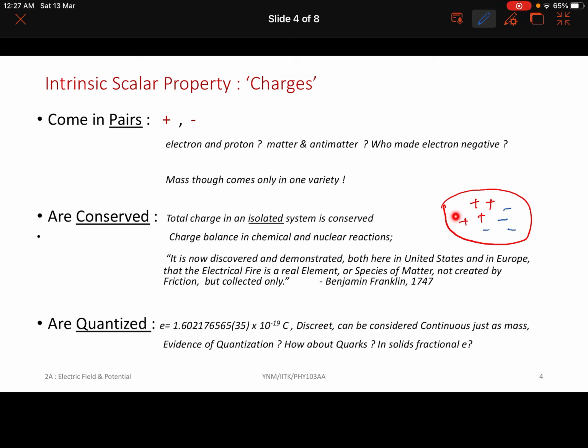Within this many processes might be going on, but you cannot produce an extra charge by only internal processes.